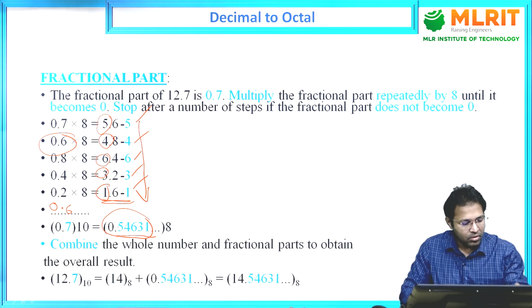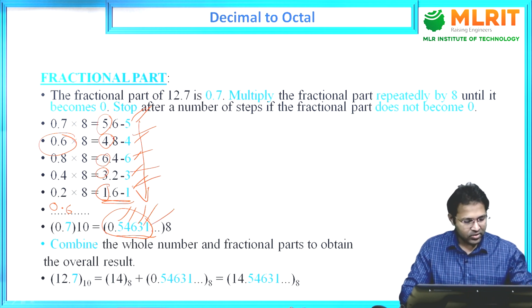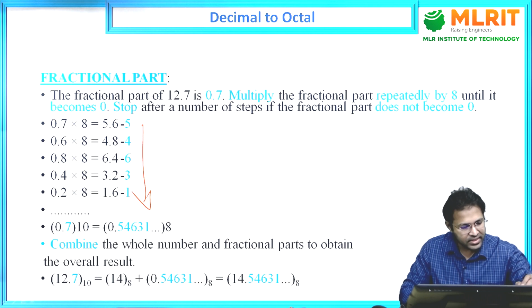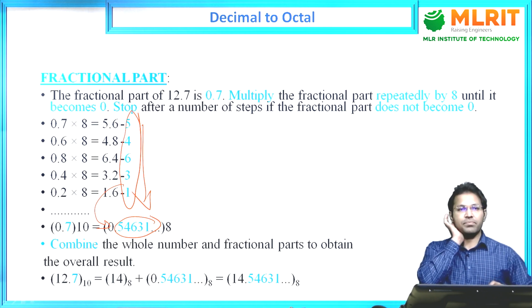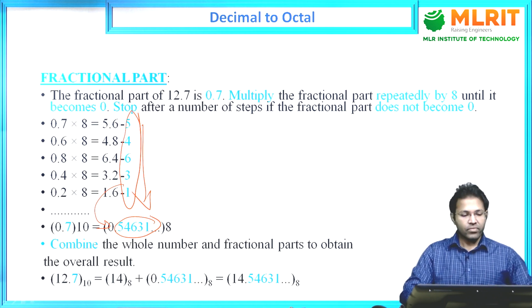So after the point you have 5, then 4, then 6, then 6, then 3, then 1. In simple words, all these digits we are writing there.